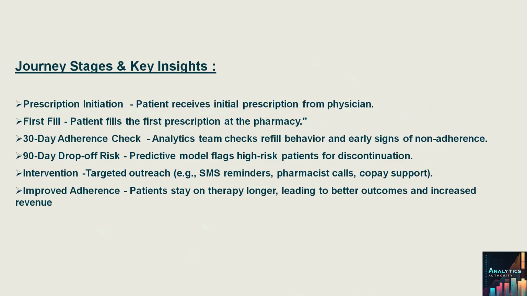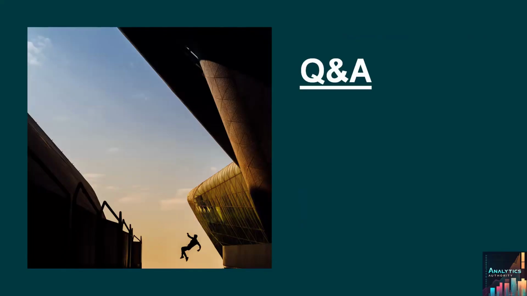These are the steps that we followed: prescription initiation, where the patient receives the initial prescription from the physician, then the first fill, then the 30-day adherence check, then the 90-day drop-off rate, then the intervention, then improved adherence. These are the steps, or the insights, that we followed in this entire process.